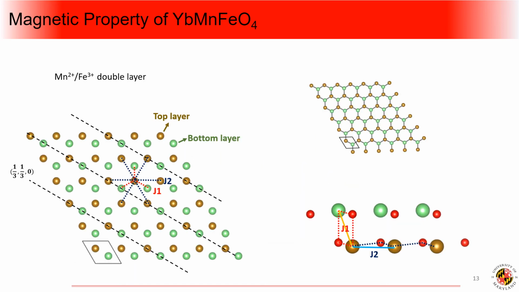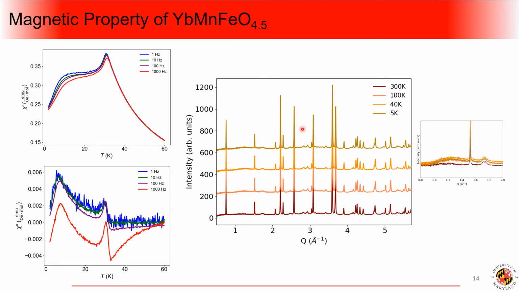Here is just a qualitative analysis on the super-exchange interactions, which I will skip. Let's go back to the oxidized phase. It turns out the oxidized phase is still a spin glass. However, the glass transition temperature is greatly reduced to 30 Kelvin from the 60 Kelvin upon the oxygen uptake.